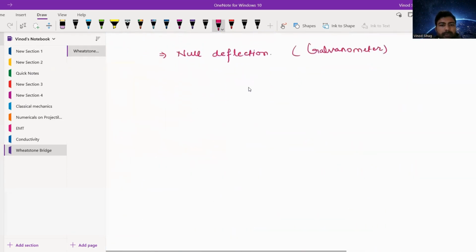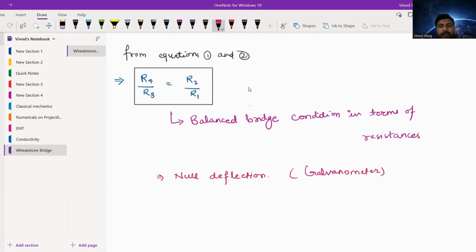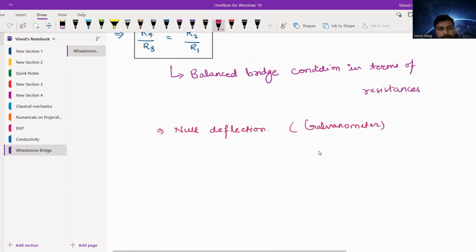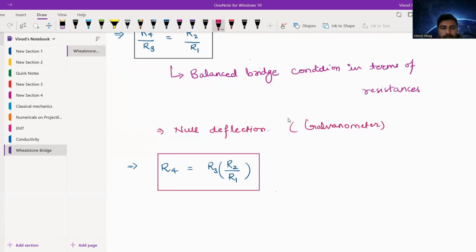So for that, from this equation only we can find out what we can write here. It will be R4 equals R3, which goes to the right side, R3 times R2 upon R1. This will be the value of the unknown resistor.